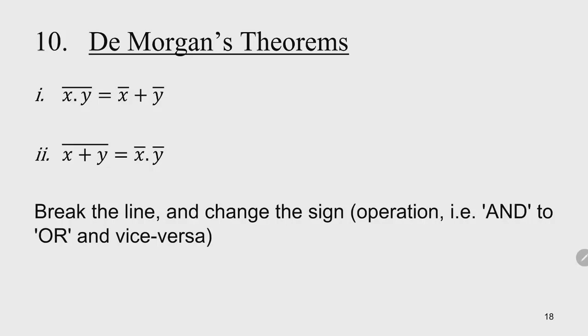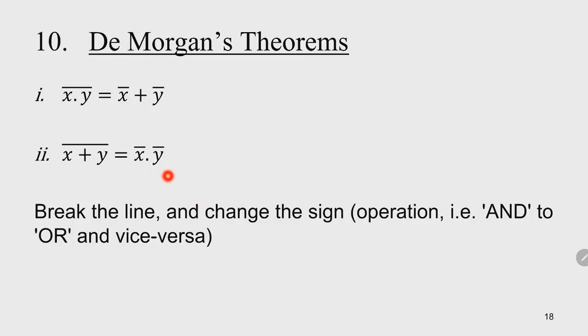This is called DeMorgan's theorem. The complement of x NAND y, that is the complement of x and y, equals the complement of x OR the complement of y.